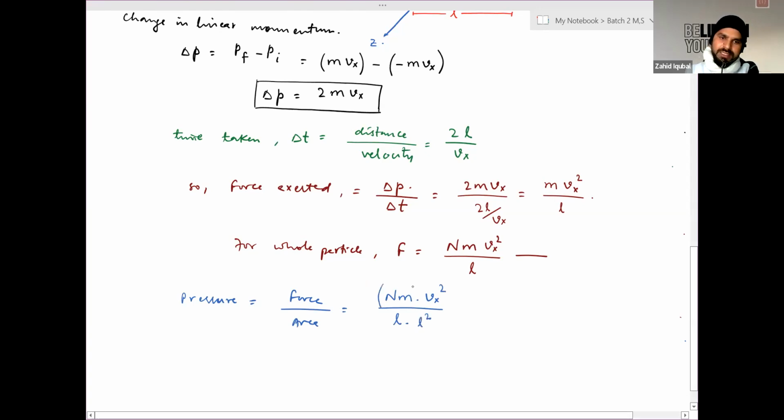So n number of particles each having mass m becomes total mass. L into L squared becomes L cubed, and Vx squared is 1 by 3 of V bar squared according to the above relation. Now this quantity is nothing but mass divided by volume, so it may be written as density. So pressure equals 1 by 3 rho times V bar squared.